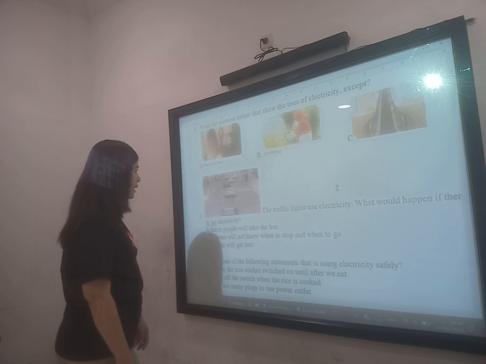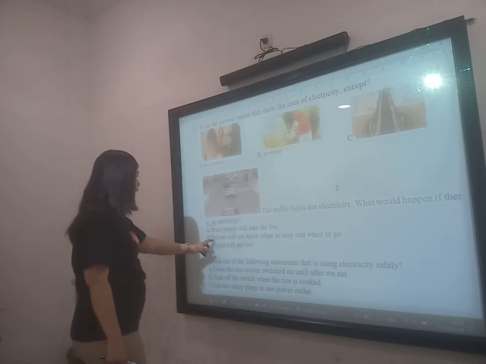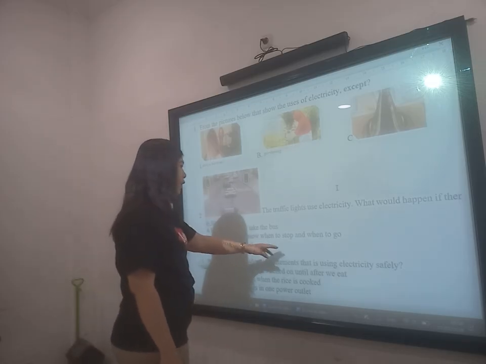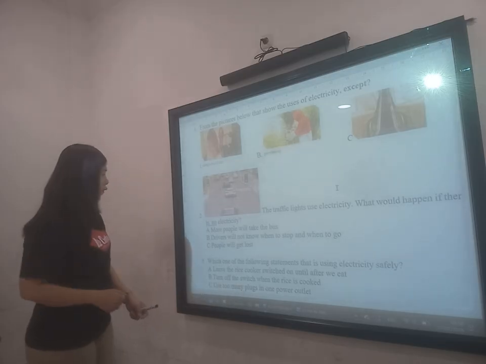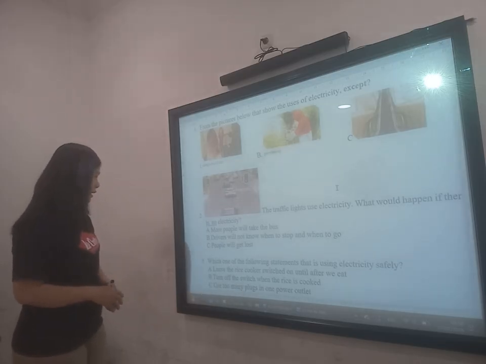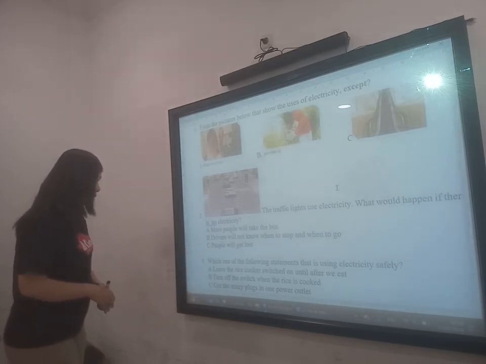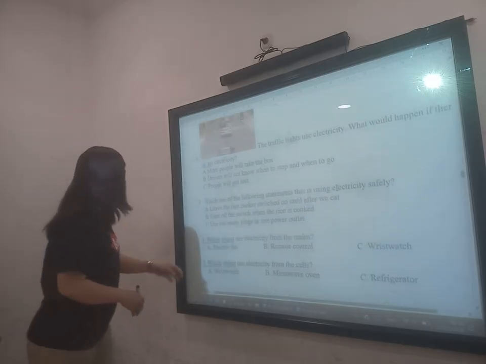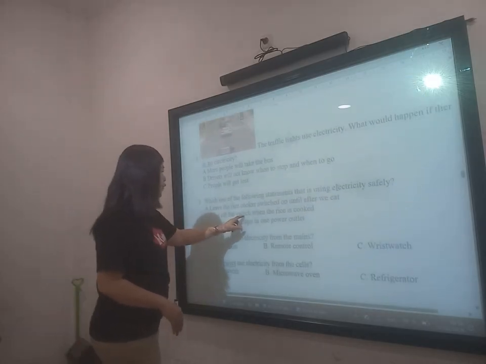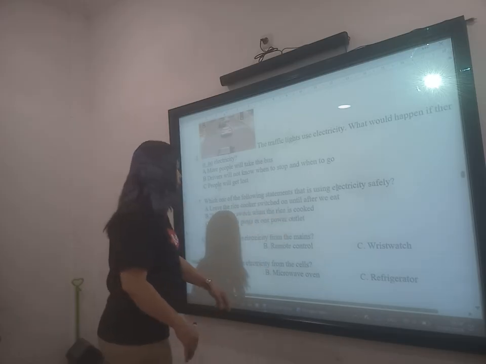The traffic lights use electricity. What will happen if there is no electricity? B, the driver will not know when to stop and when to go. Next. Which one of the following statements is using electricity safely? B, turn off the switch when the rice is cooked.